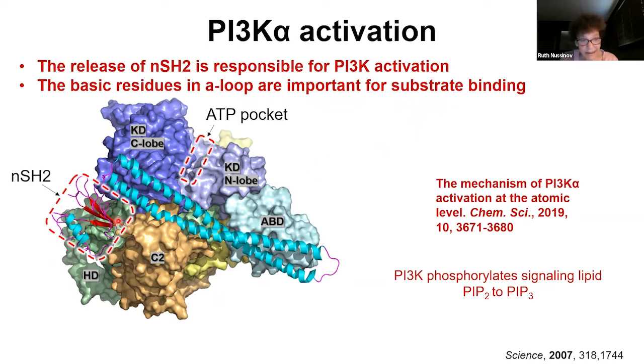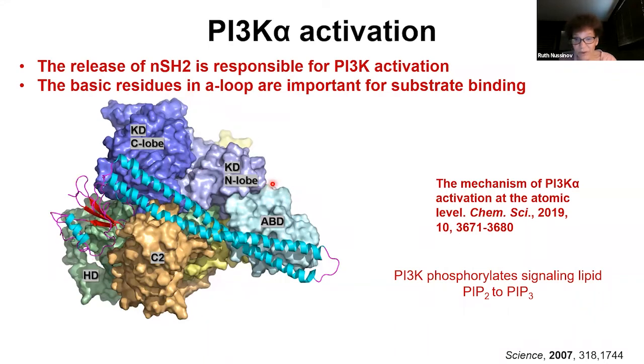And here we can see the nSH2 here in red. Here is the helical domain with which it shares an interface, and here is the ATP pocket with the positively charged residues.